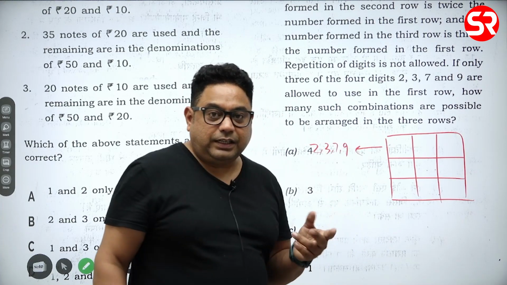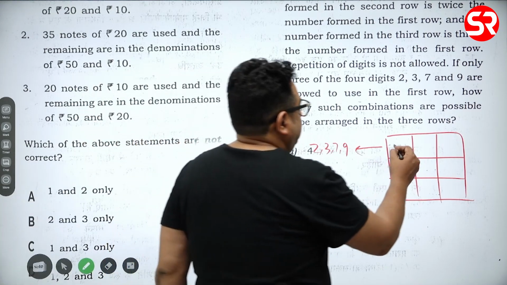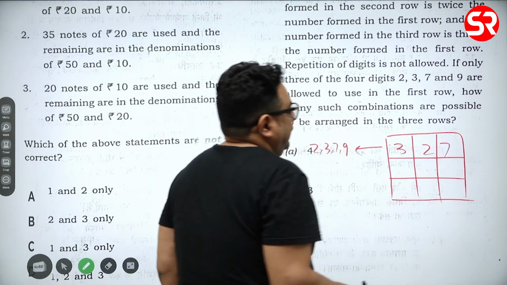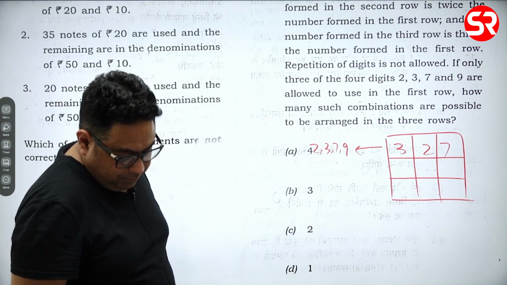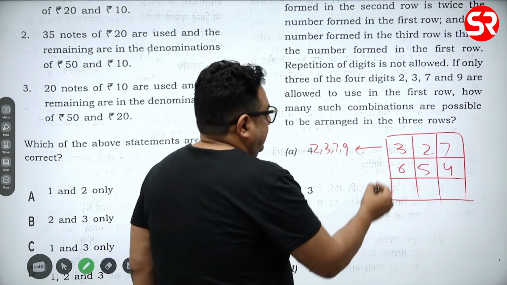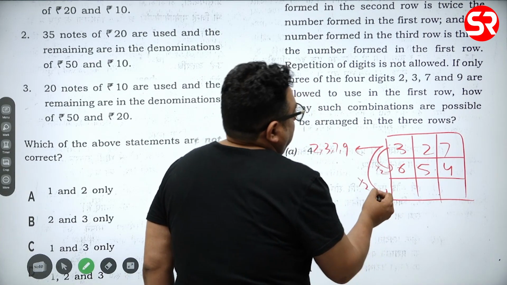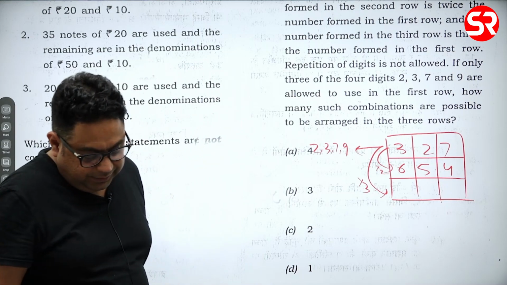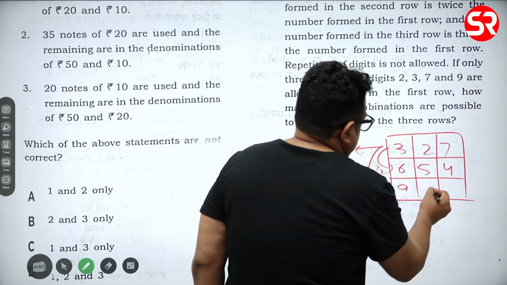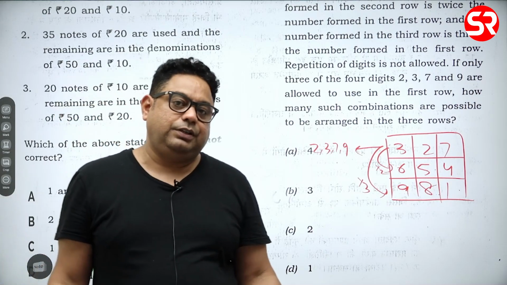So with hit and trial, guys, I just found out that when you put here 3, 2, 7, the second row would be 6, 5, 4, into 2, and third row is into 3, and once I did into 3, it is 981. This is the only one instance when all 9 numbers are covered.